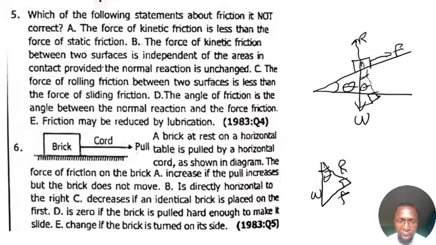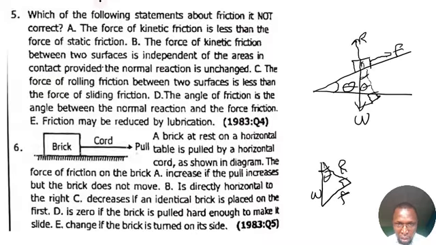Here it says, a brick at rest on a horizontal table is pulled by a horizontal cord as shown in the diagram. The cord is being used to pull the brick.